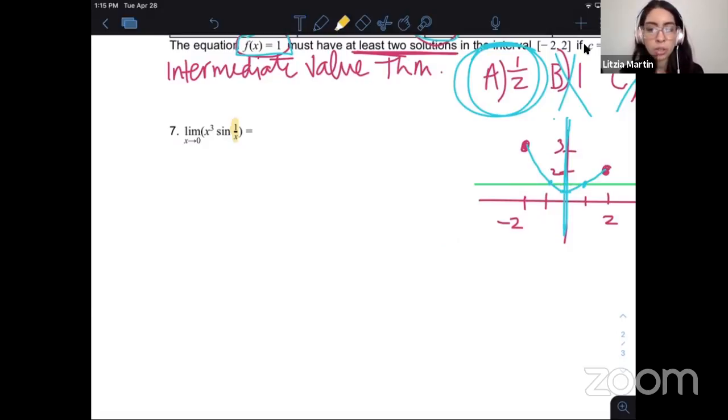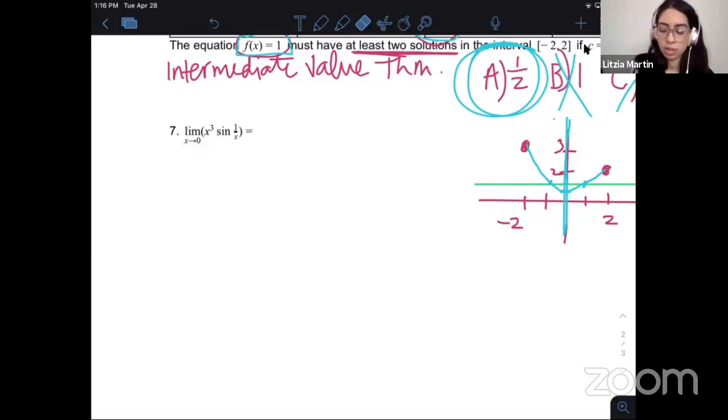So we are going to use what we know about sine in order to work our way through this problem. So what do we know about the y values of the sine graph? It's going to fall in between -1 and +1, right?